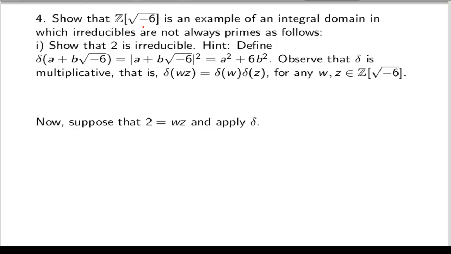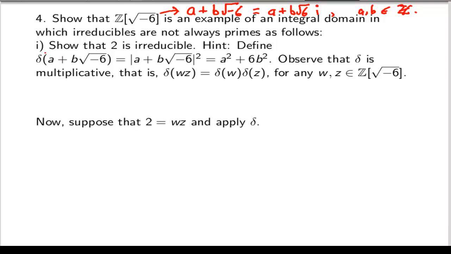So this set is kind of like the Gaussian integers, except here we're just forming all objects of the form a plus b square root of negative 6, or you can think of that as a plus b root 6 i, where a and b can be arbitrary integers. That is an integral domain. It's a subset of the complex numbers closed under addition and multiplication, etc., etc.